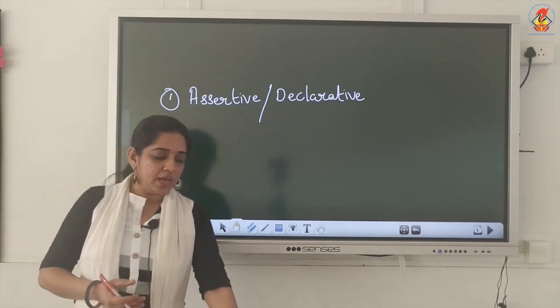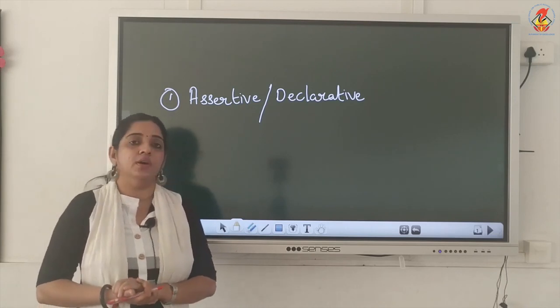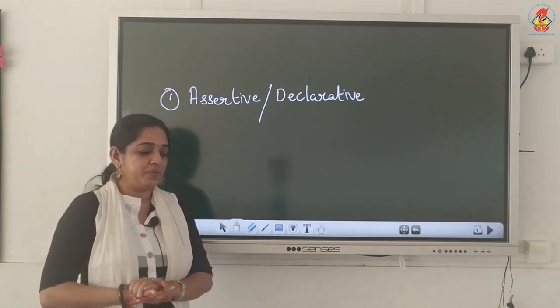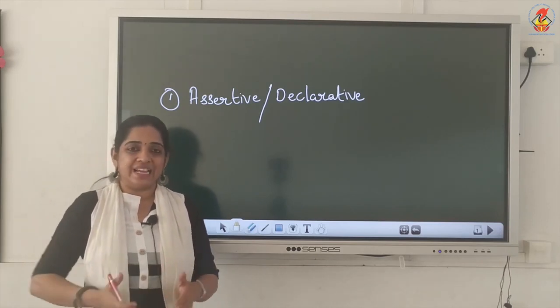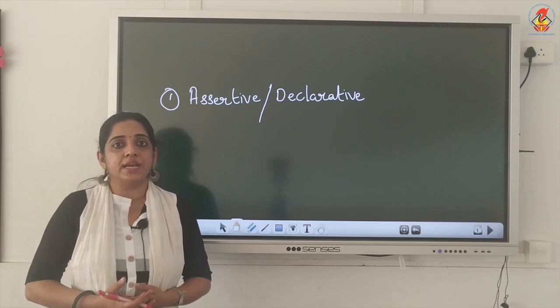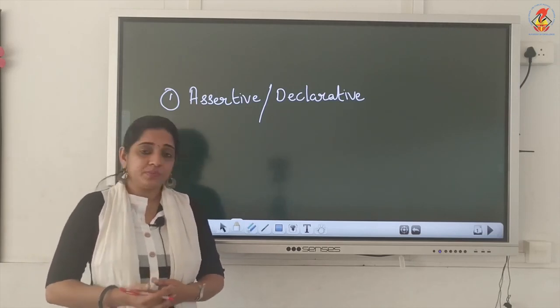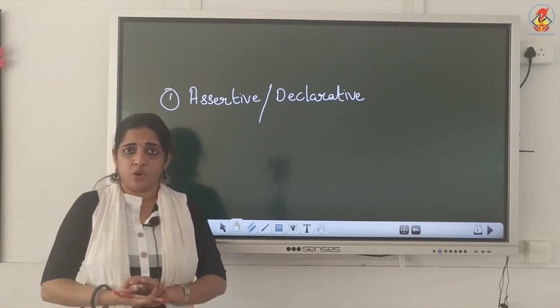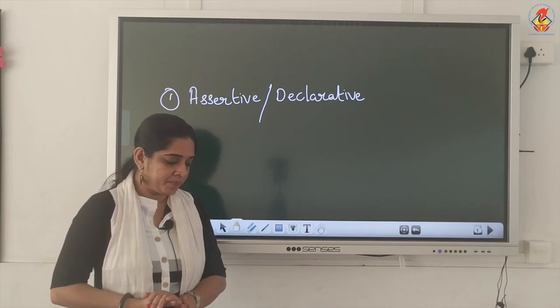In the textbook, some more examples are given. Ashoka was a great ruler. Sachin is a good batsman. All these sentences that say something are called assertive or declarative sentences. And just like a normal sentence, each has a full stop at the end.